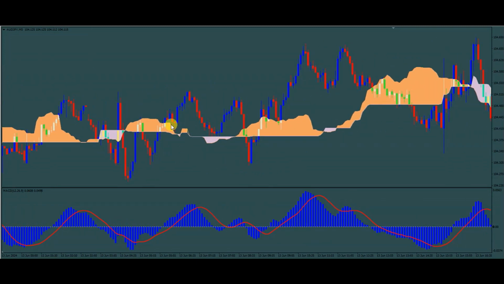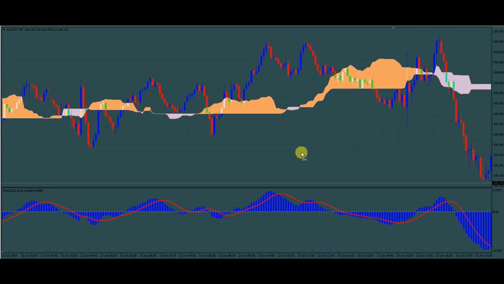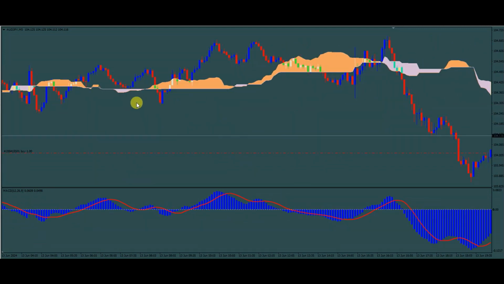So again we are moving. Here you have the price above the Ichimoku cloud, and here you have the MACD above the zero line. You open your buy trade. So here at this point our trading strategy did not meet the criteria because the Ichimoku is still above here and this is below, so we are moving forward.